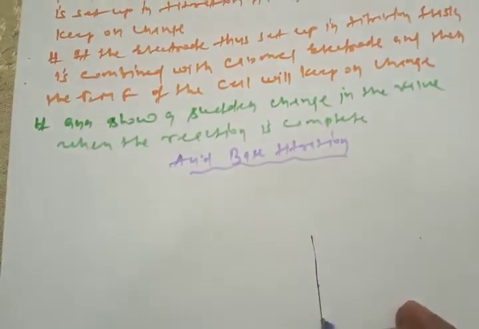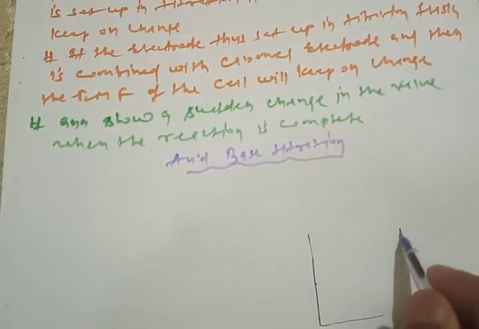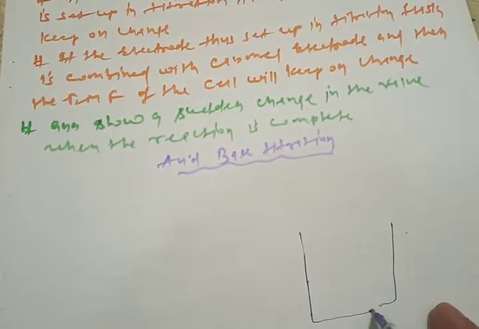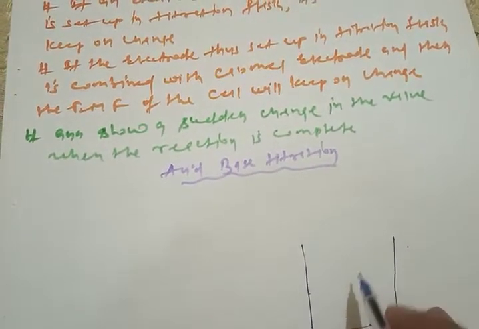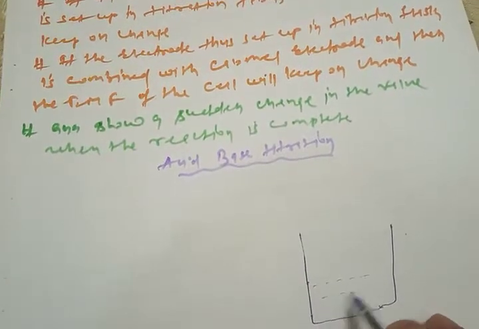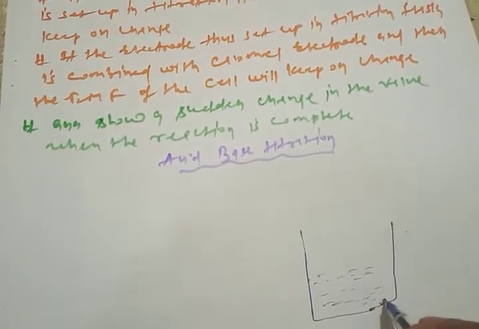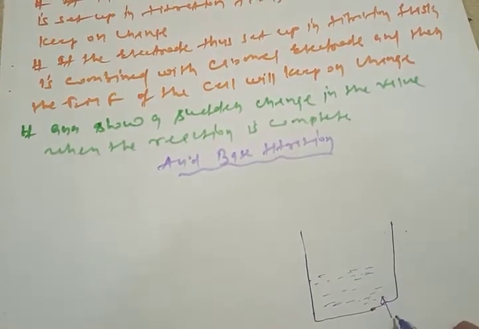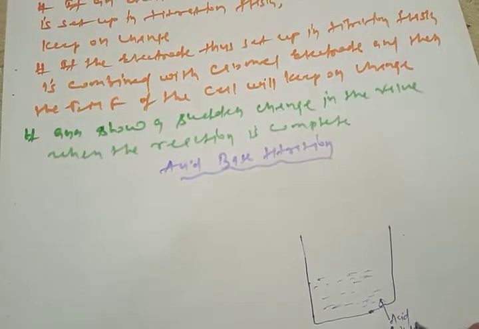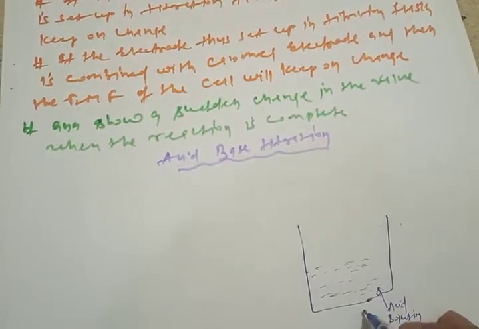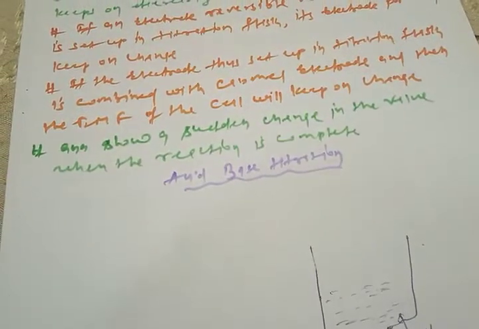So this is the titration flask. In that titration flask we need a solution, and let's say this solution is an acid solution. Acid means HCl. Let's suppose HCl. This is unknown, we don't know the concentration.